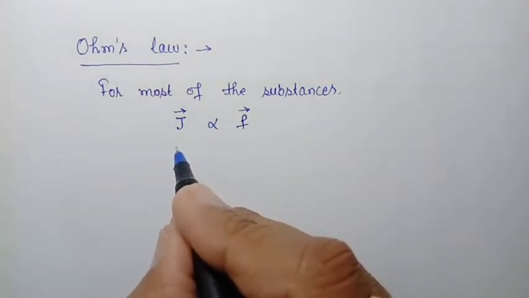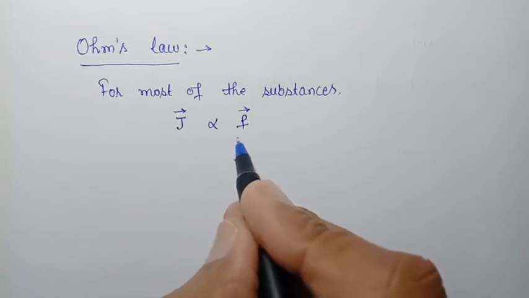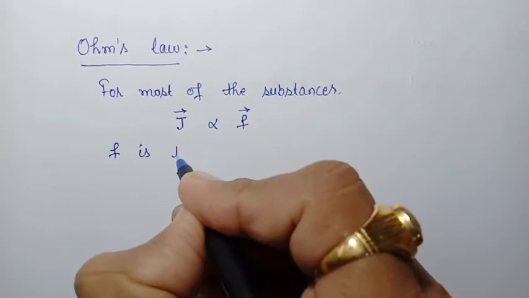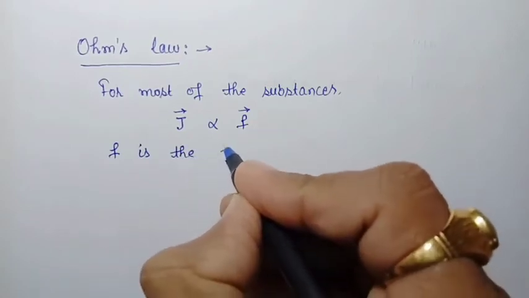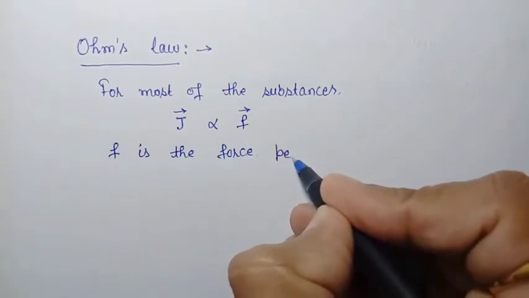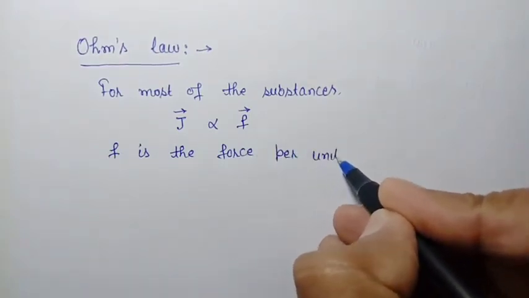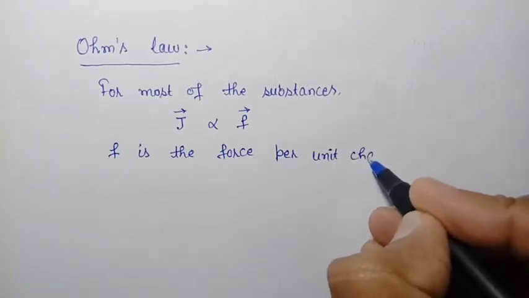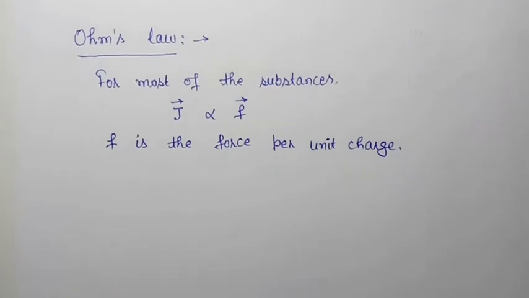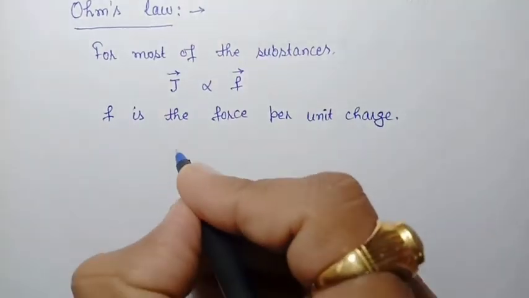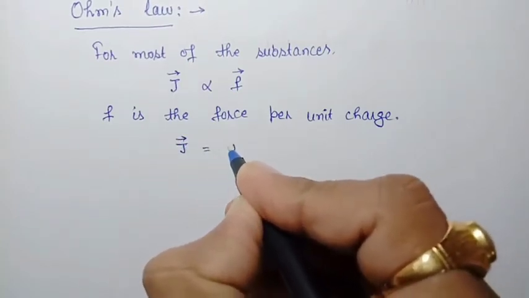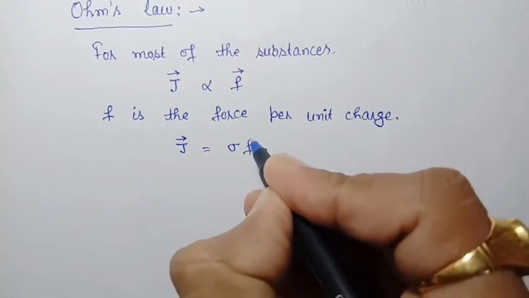So here J is the volume current density and small f is the force per unit charge. And we can write the above equation like this, that is J is equal to sigma f.